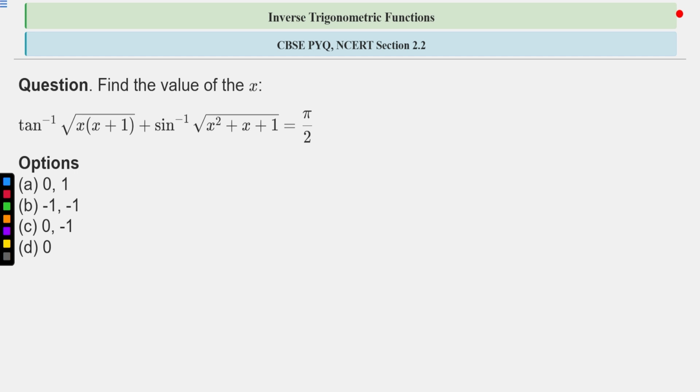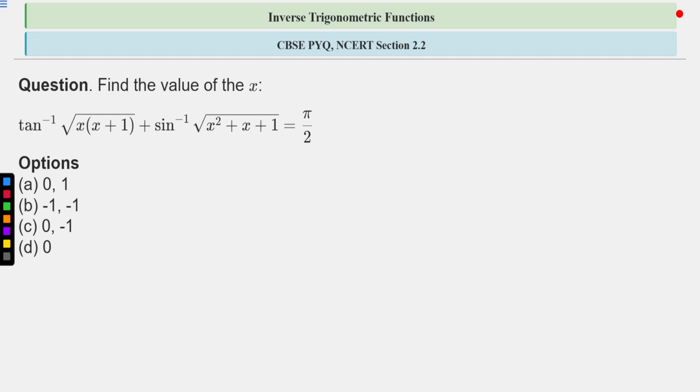So how can we approach this question? What will be the hint? See, anything which is under the square root will always be positive, right? And anything which is under the sine inverse or cos inverse will always be less than or equal to 1. Clear?